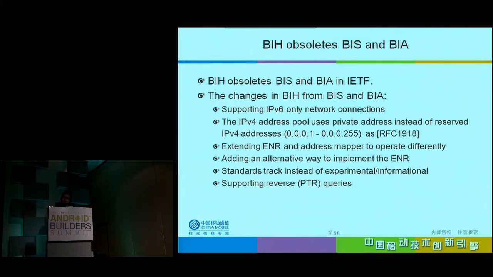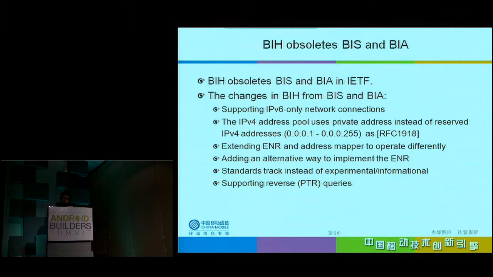Firstly, BIH supports IPv6-only network connections. The IPv6 address pool uses private addresses instead of the reserved IPv4 address, with reference to RFC 1918. Extending the ENR and the address mapper to operate differently. The following will have a more detailed introduction for this.